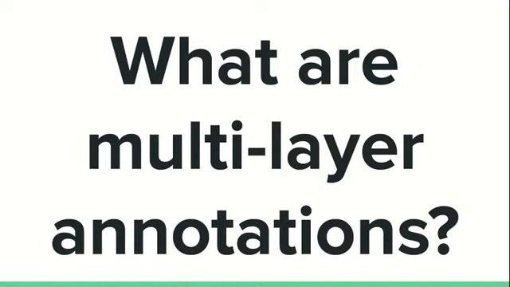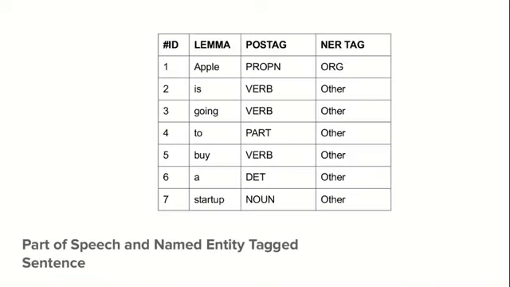So what are multiple layers of annotations? It's just having more types of such annotations. For example, in the same sentence, Apple is going to buy a startup, we can have one more type of annotation, that is the named entity tag for every word in the sentence. For example, Apple refers to a company, so we have the NER tag for the word as organization.